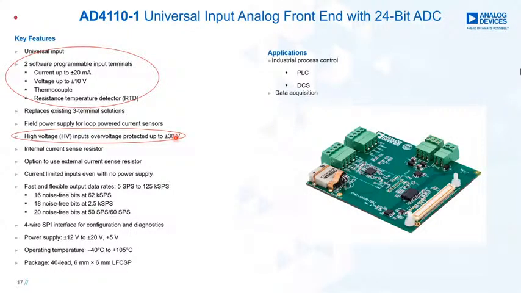And this part has an internal current sense resistor as well. When you think of 4 to 20 milliamp, before feeding to the AFE, in the traditional way you have to drop it across a resistor, measure that voltage, then convert it back into the current. Those resistors are built into the chip so that you do not need them outside, which used to be costlier.